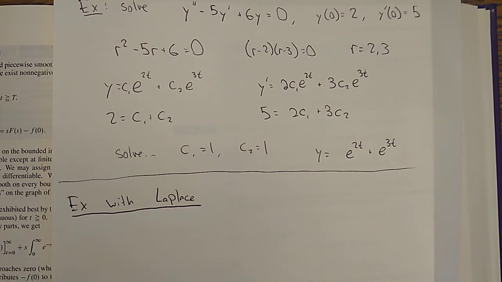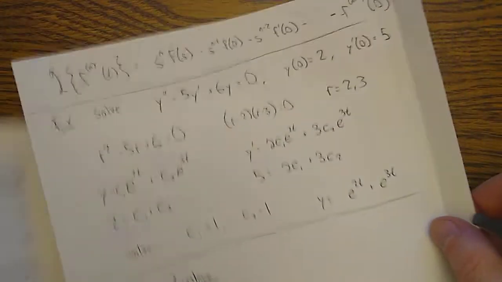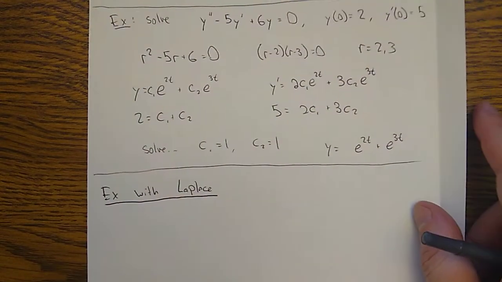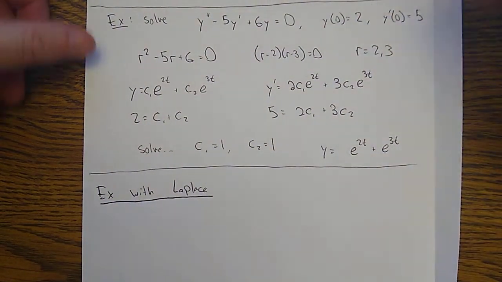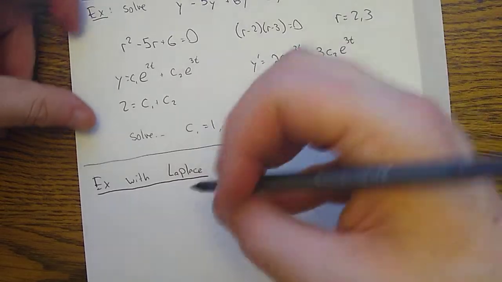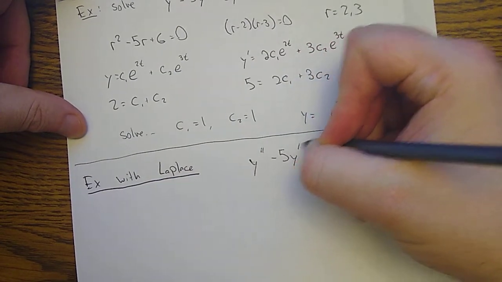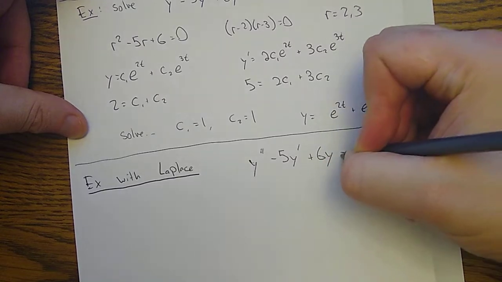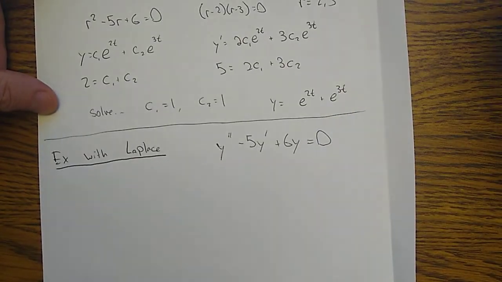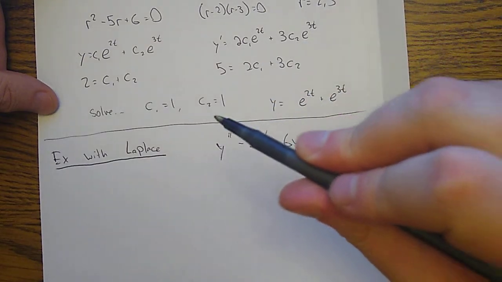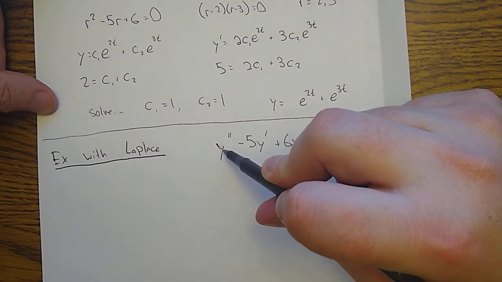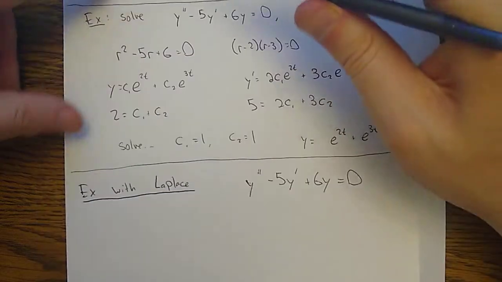Let's do the same example again, completely differently, with Laplace transforms. So the first thing I'm going to do is actually just write the same equation again. And then I'm about to do the Laplace transform of both sides. The Laplace transform of y double prime.